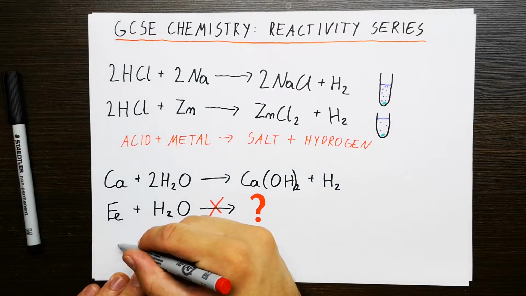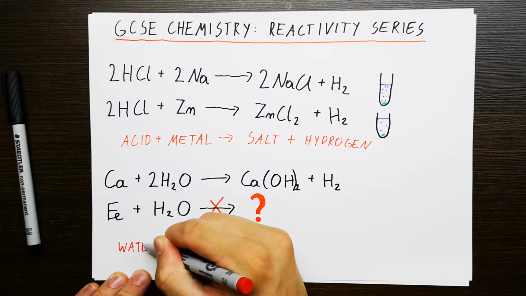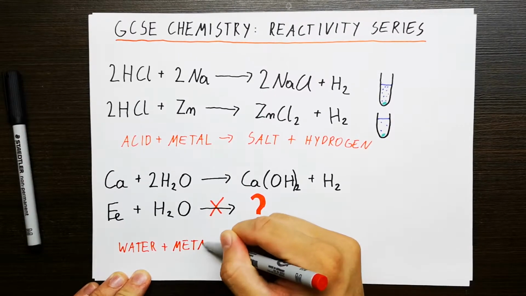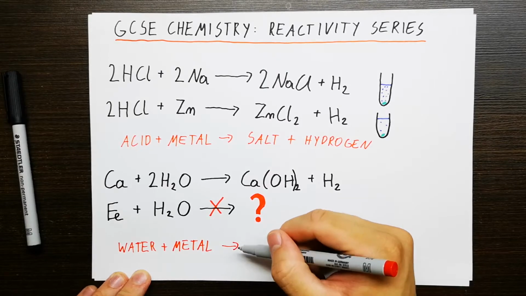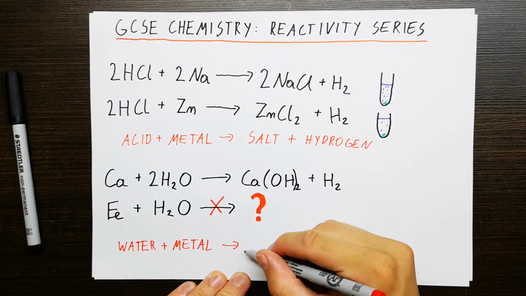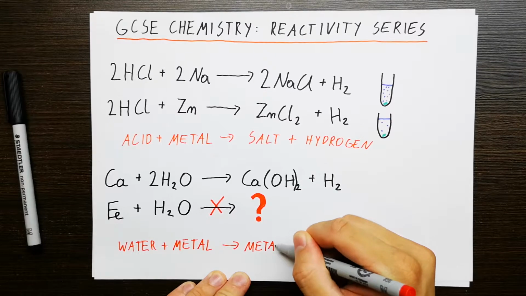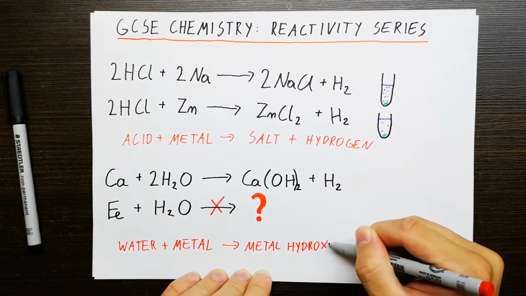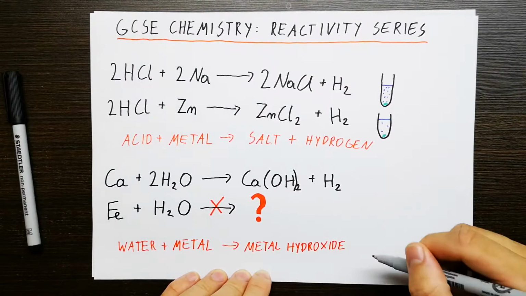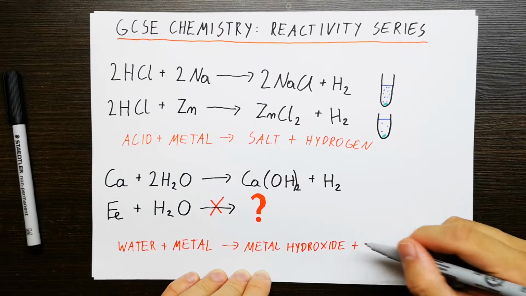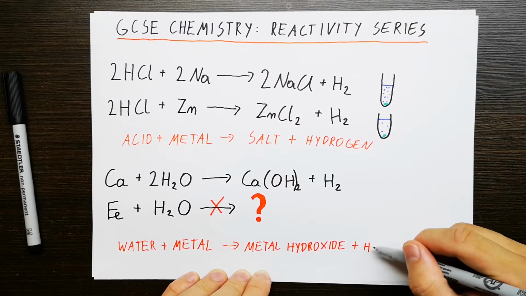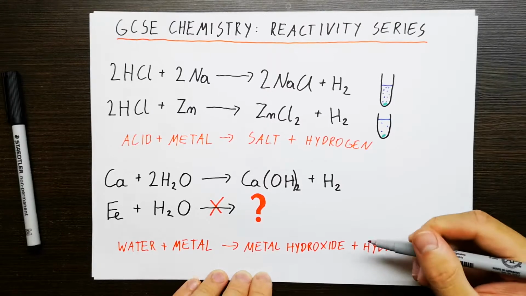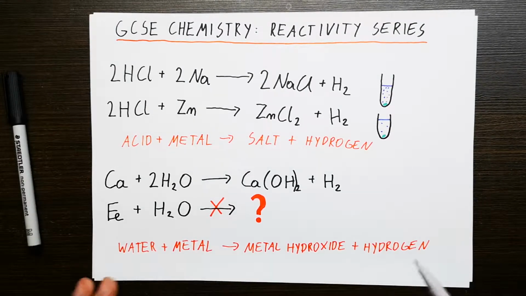So if we add water to metal, we will get metal hydroxide and we will get hydrogen. So that's the general formula.